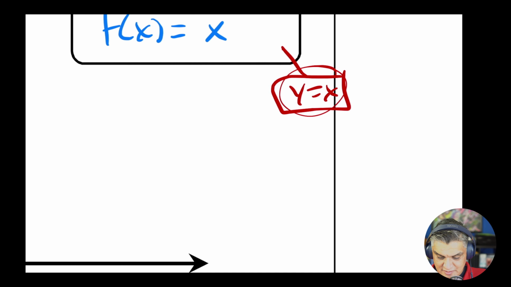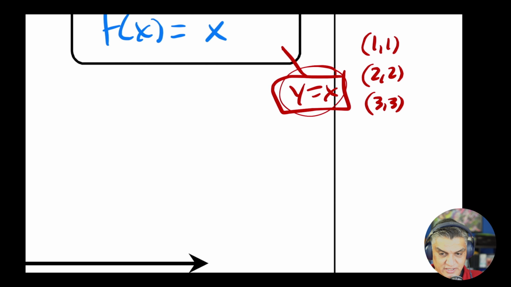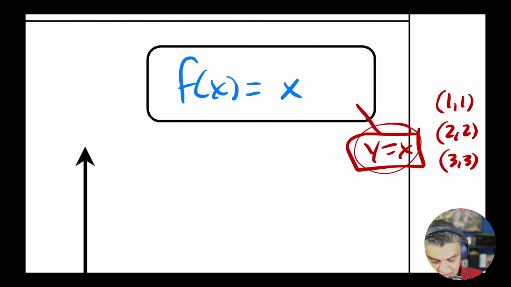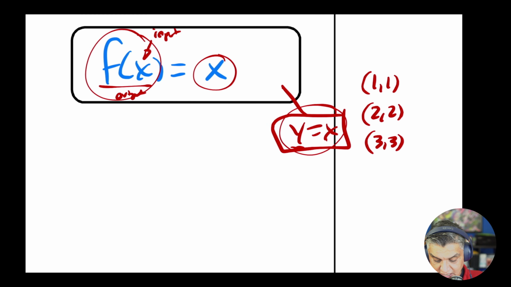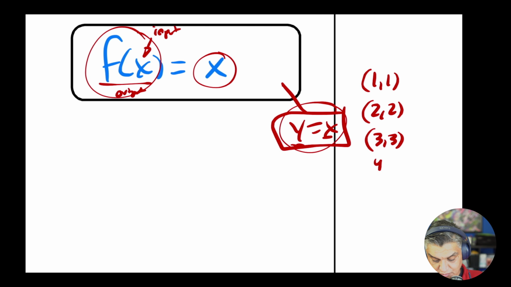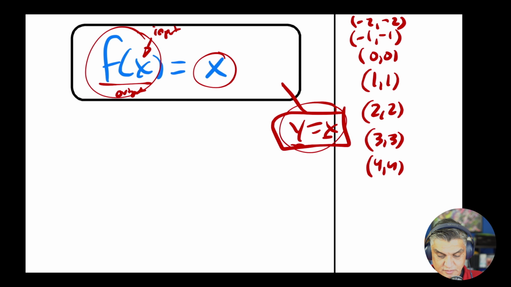Y equals x means my points are 1, 1, 2, 2, 3, 3, because y and x are the same. The input and the output are the same. This is your input. This is your output. So if my output equals the same as my input, that just means y equals x. That means my points are 1, 1, 2, 2, 3, 3, 4, 4, 0, 0, -1, -1, -2, -2, right?